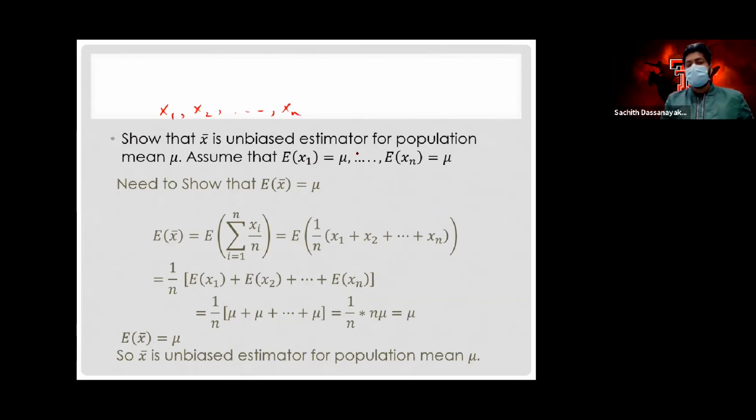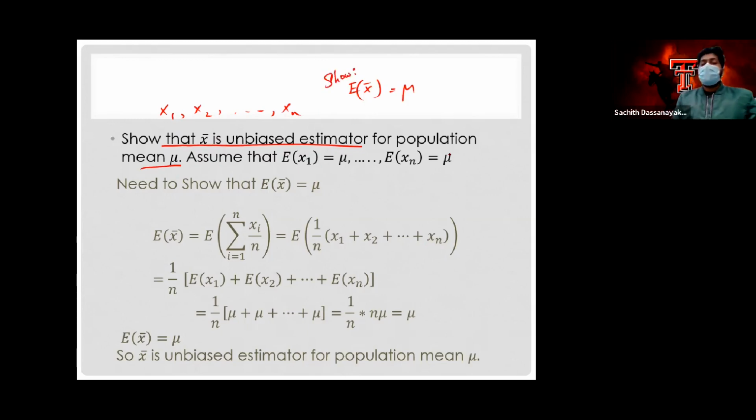So x bar, we need to show that the expected value of x bar equals the population mean mu, because they have mentioned we need to show x bar is the unbiased estimator of mu. This is the one we need to show.